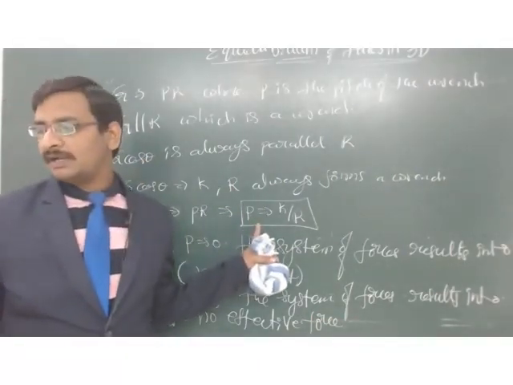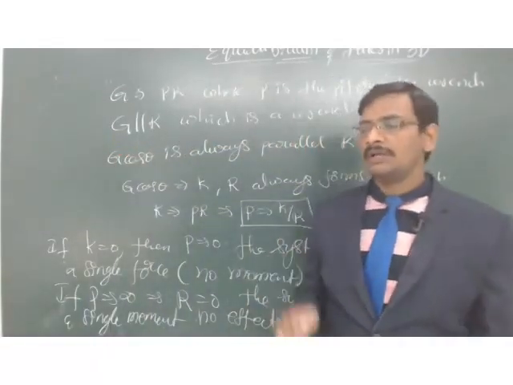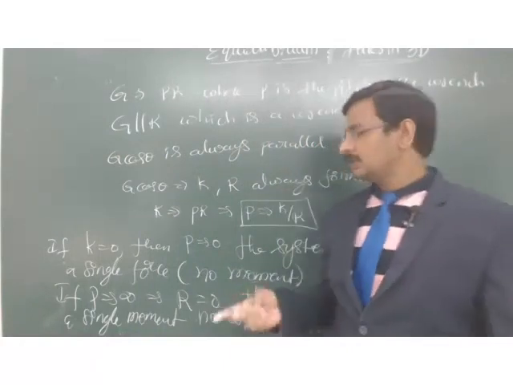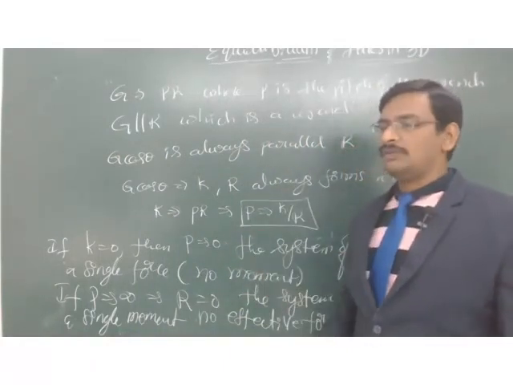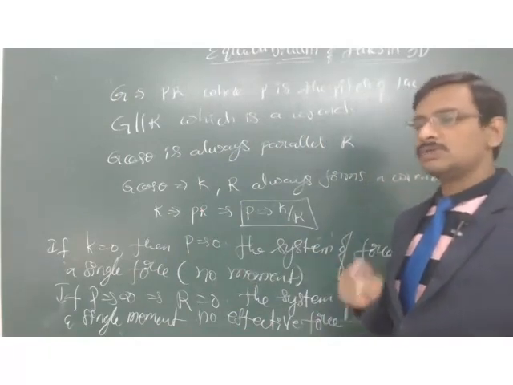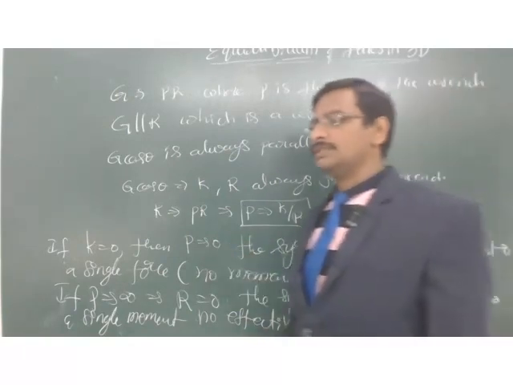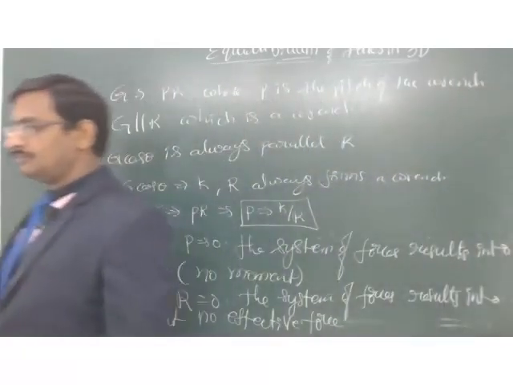P will decide whether it should have only the linear motion or only the rotatory motion, or it can have both. If P value is in between 0 and infinite, then there will be an associated linear movement and there will be an associated rotational movement as well. So that will be decided by this P. Got it?